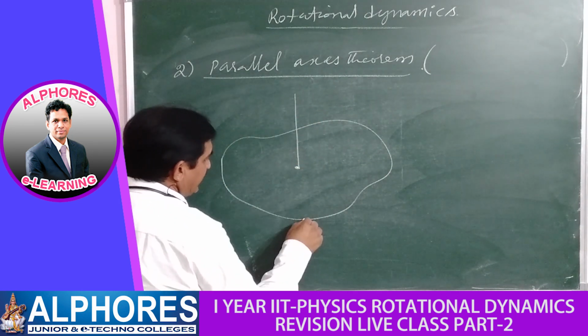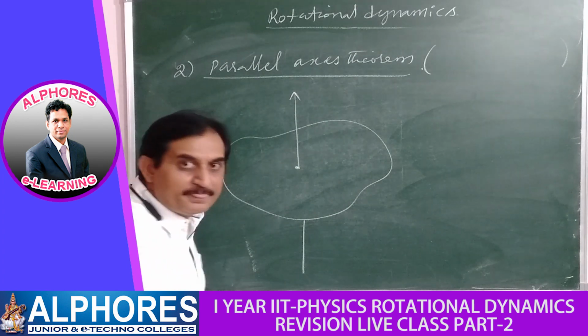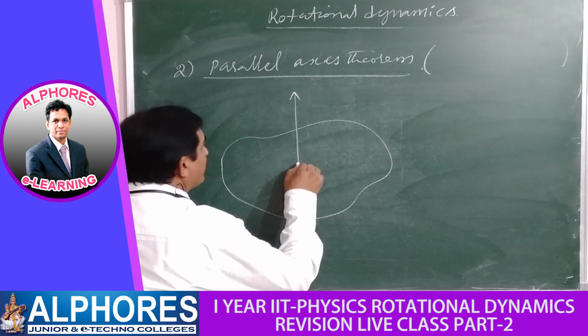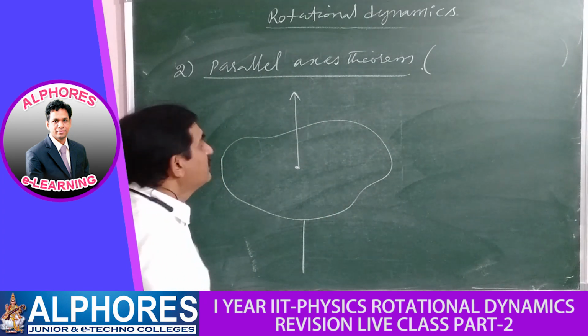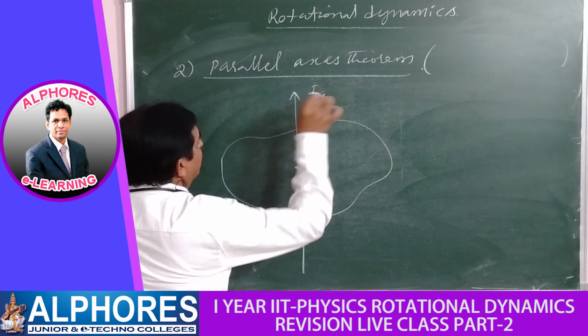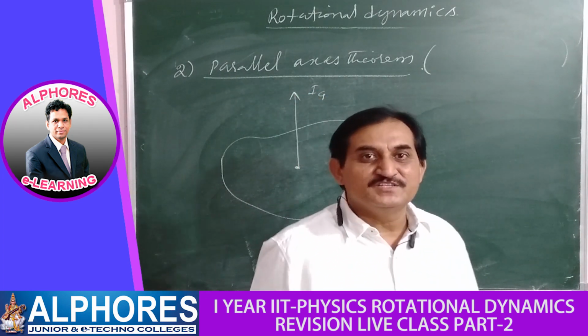Imagine one axis passing through the center of gravity. About this axis, say Ig is the moment of inertia of this regular body.